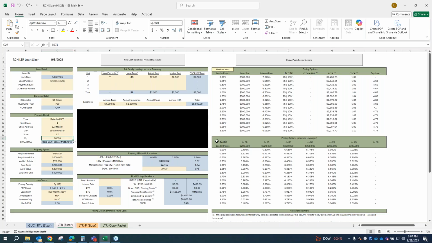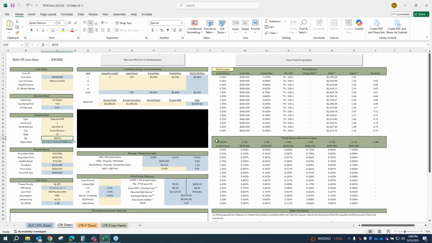What I mean by that is every one of your clients is a little bit different. Getting to know your investor and what's important to them is going to really dictate what kind of loan you're going to want to sell to the client. Most clients are looking for either max cash out, the lowest rate they can get, or cash flow, right?